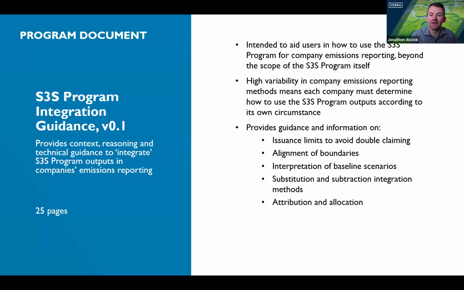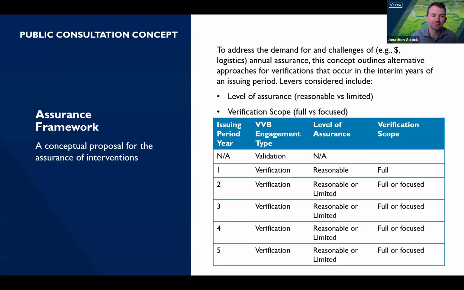Both of these methods are available for use using the Scope 3 program outputs. And it also describes how attribution and allocation are done within the Scope 3 program and the limits of those pieces within the Scope 3 program. It also describes some safeguards to help prevent overclaiming or overissuance, depending on the integration method that's being used. And I will hand back to Shay for the next piece.